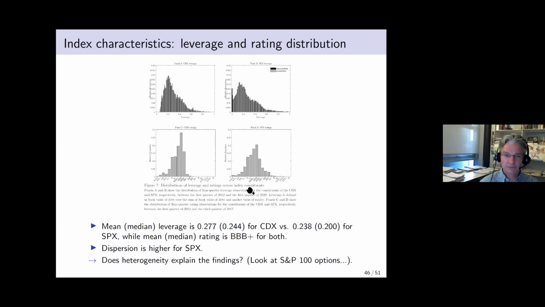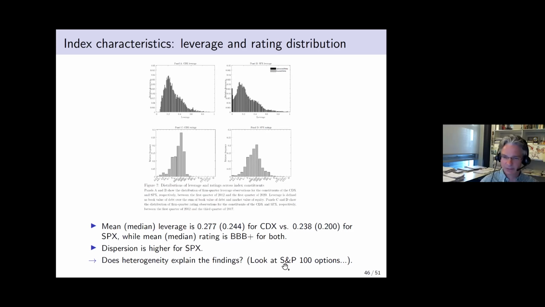Similarly, for the ratings, they actually look quite similar in terms of their median and mean. So if we focus on the median and mean, then these two indexes look quite similar, but the dispersion seems to be wider for the SPX. So that could be a potential explanation for our findings, and something that we need to do more work on in terms of the robustness of our finding.